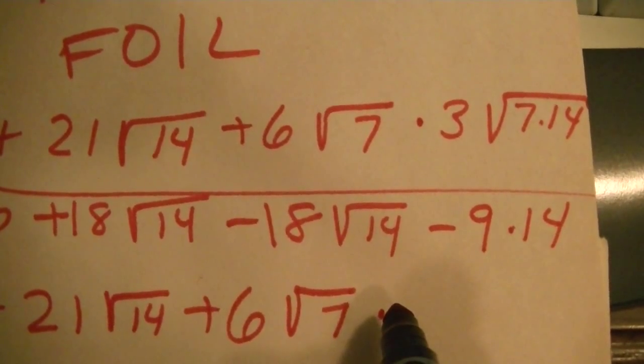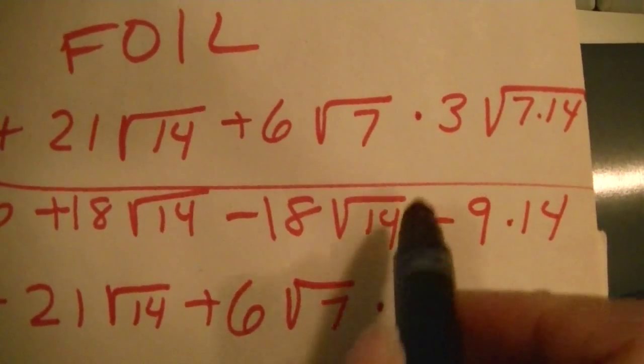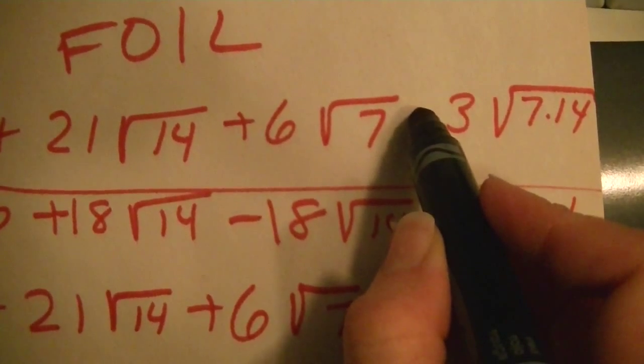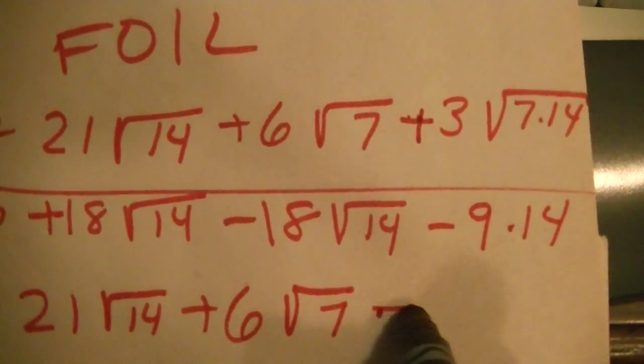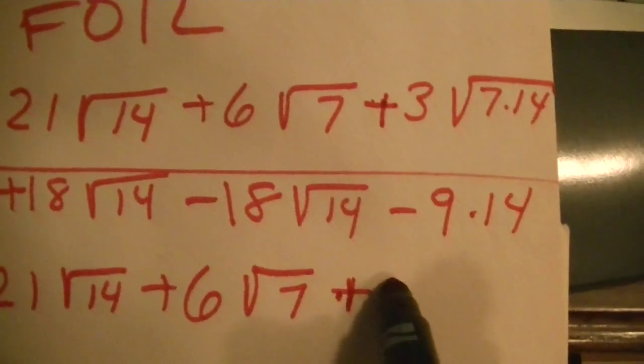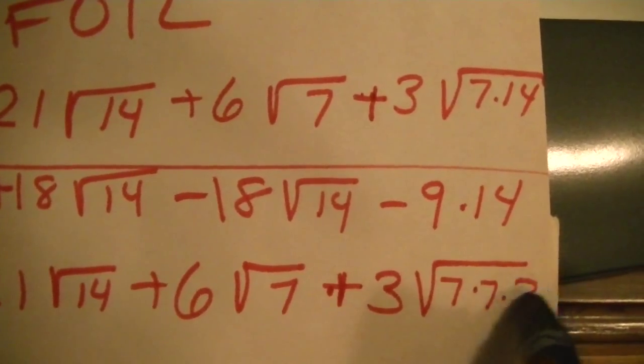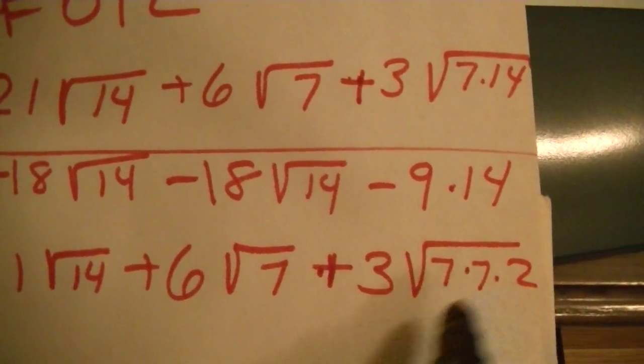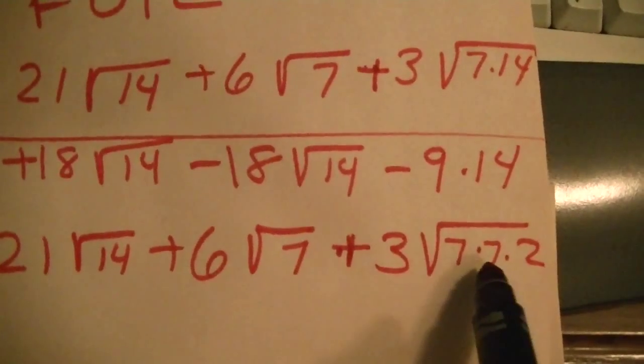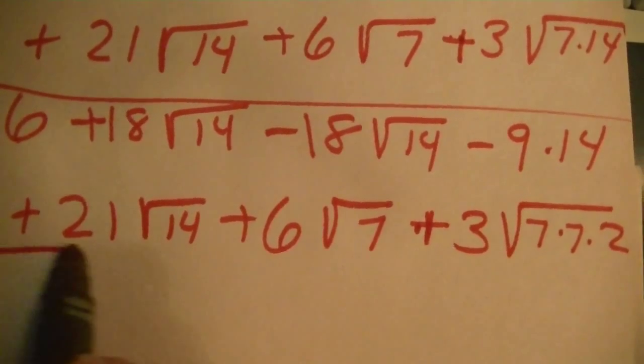And that should not be a minus. That should not be times. It should be a plus. Right? Yeah. Okay. And then 3, the square root of 7 times 7 times 2. So I just changed 14 to 7 times 2. Because look, now I have a 7 times a 7, which is a perfect square. Okay, we'll come back to that later.